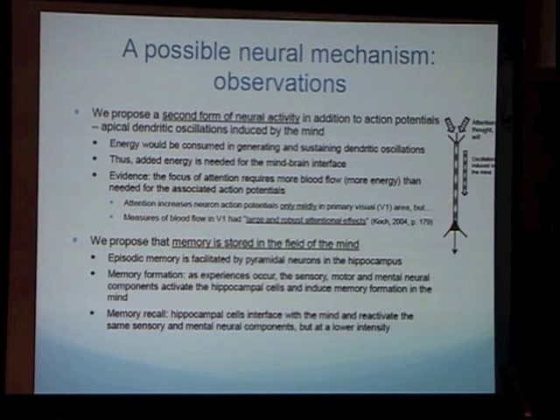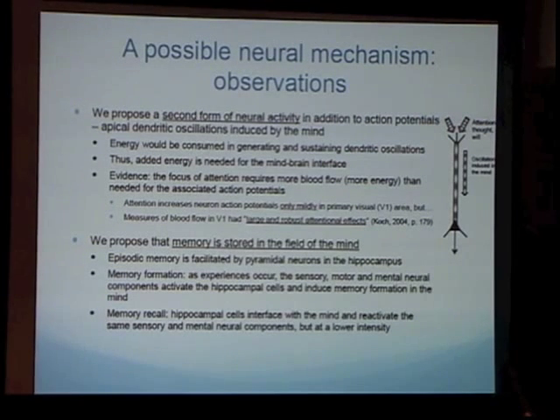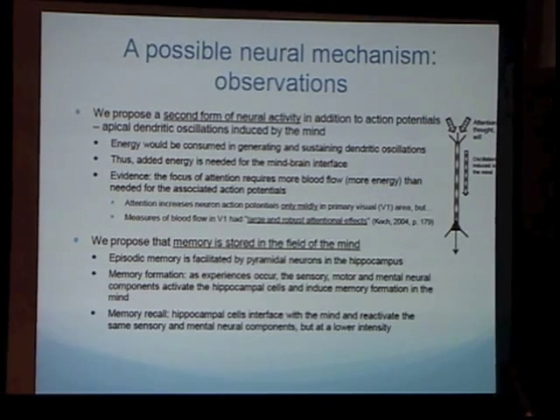We're saying that all happens, that's right, but there also is the connection with the mind, where the oscillations of the mind induce oscillations in the apical dendrites, and that's also happening. And that requires energy. Therefore, there would need to be more energy than you would expect just from the energy required for the action potentials. And the evidence supports that.